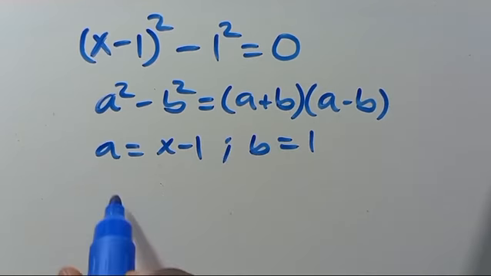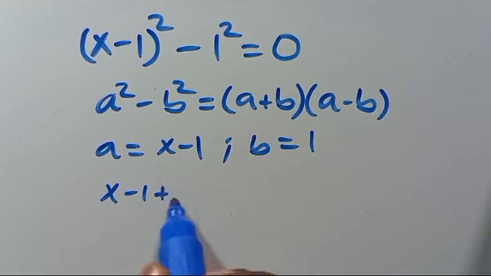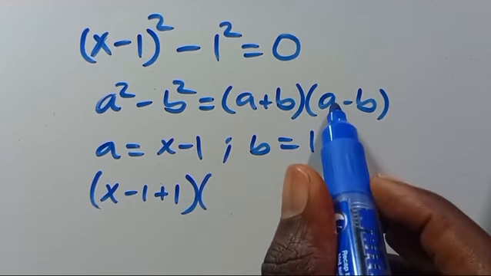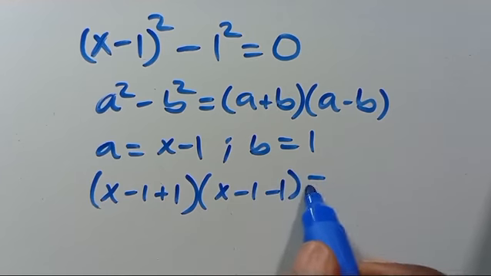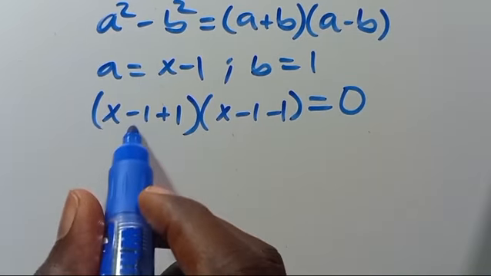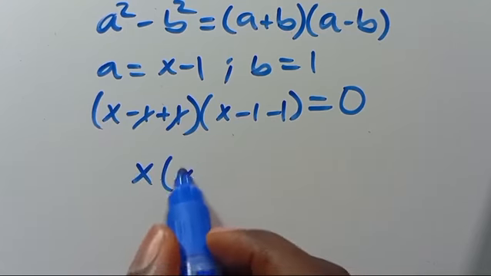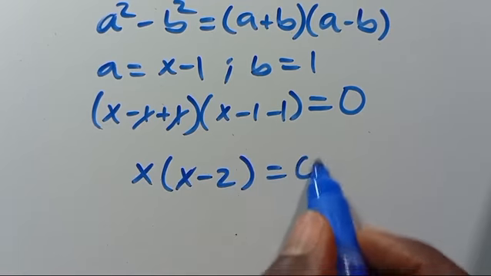So this will be (x - 1 + 1) times (x - 1 - 1) = 0. We have this cancel out this. We have only x. From here we have x(x - 2) = 0.